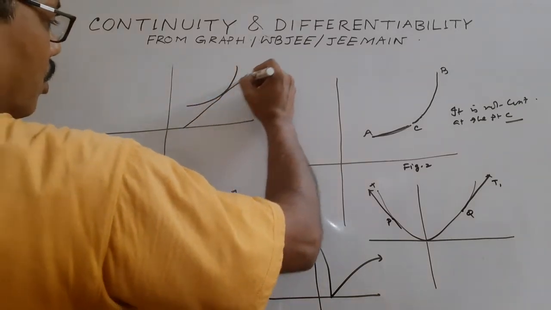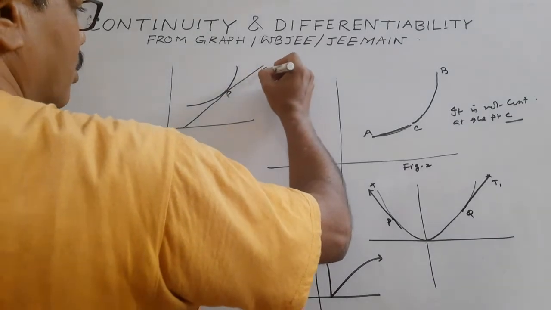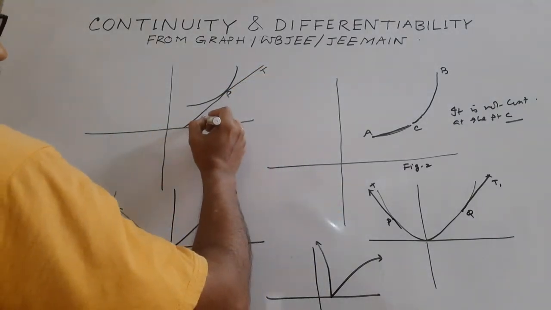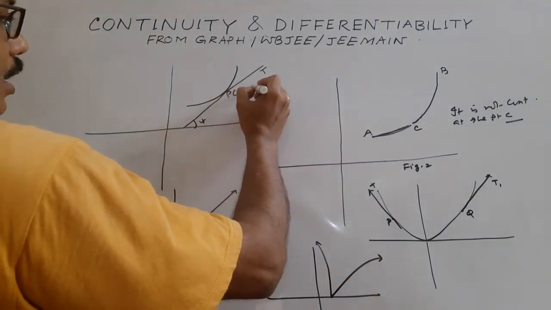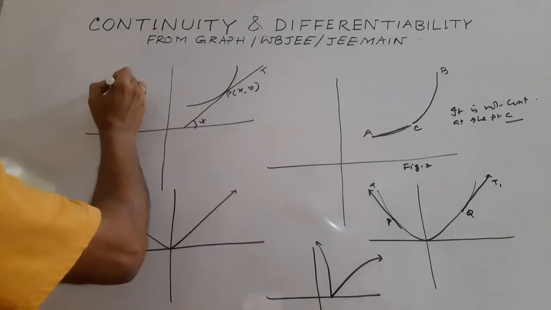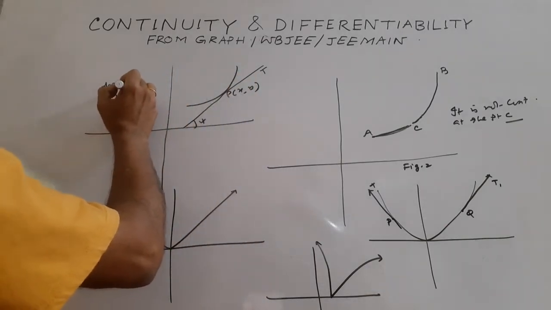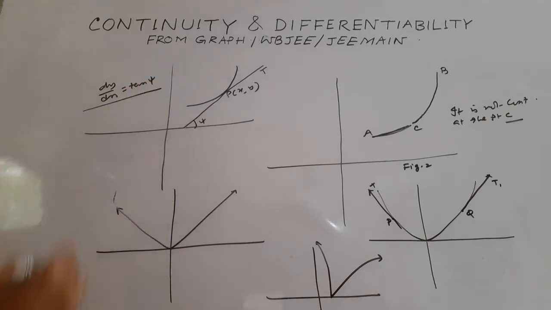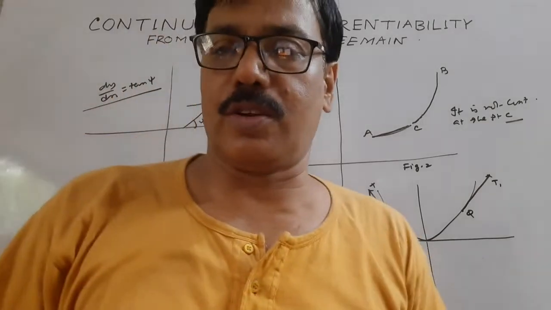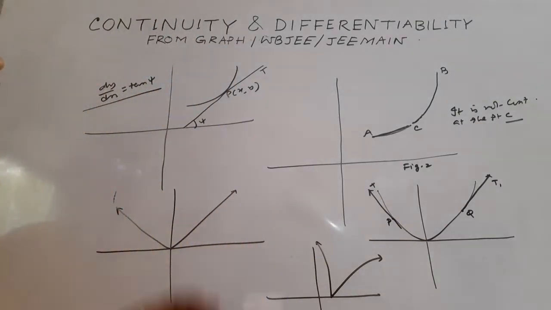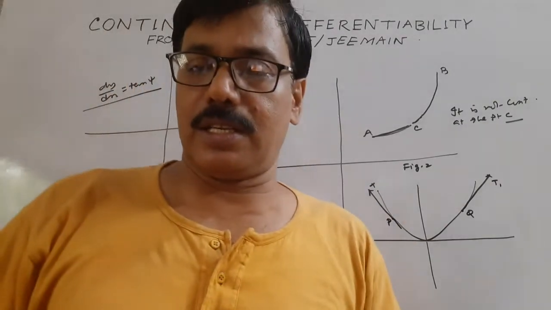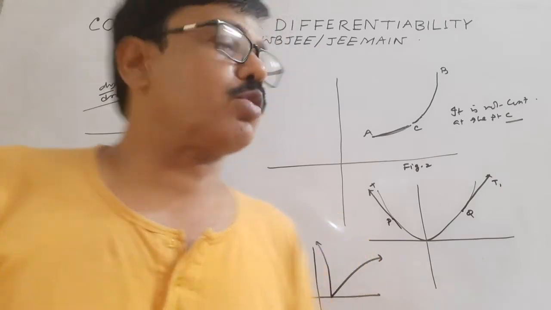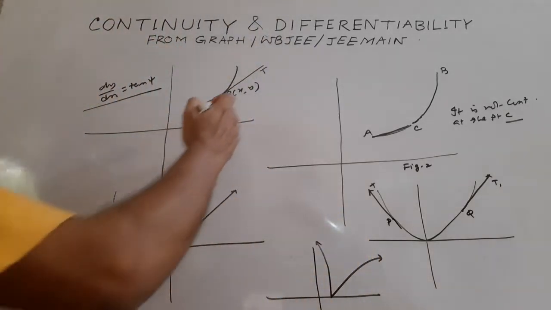Try to recall, PT is a tangent. dy by dx equals tan psi. We know it. So the slope of the tangent equals dy by dx. So dy by dx represents the slope of the tangent.